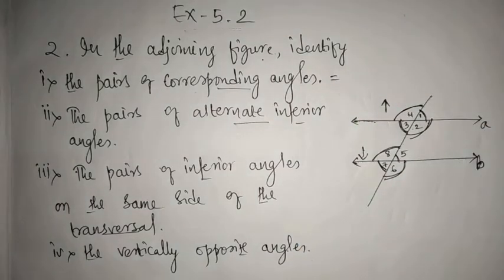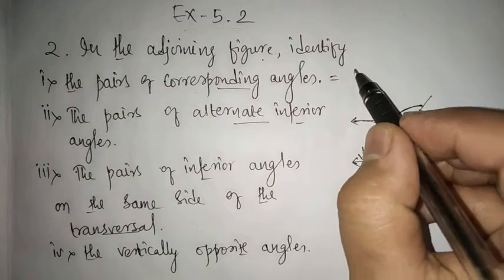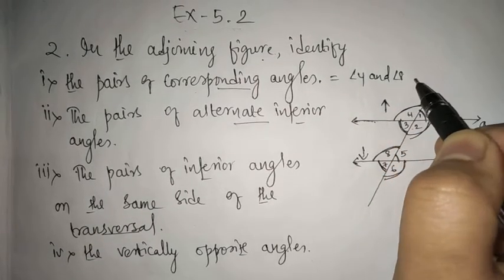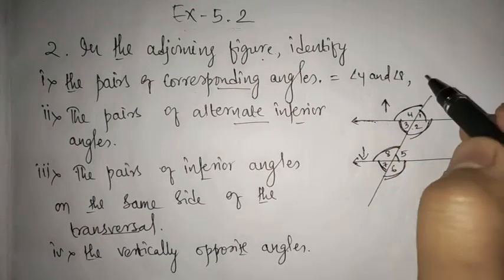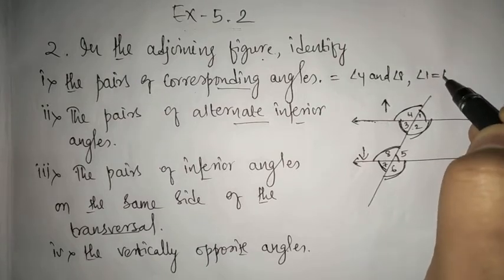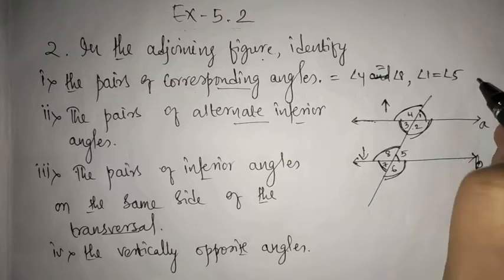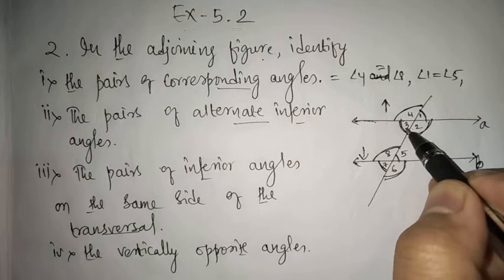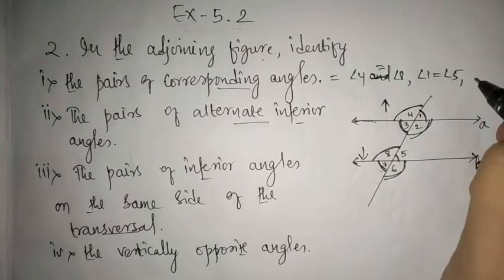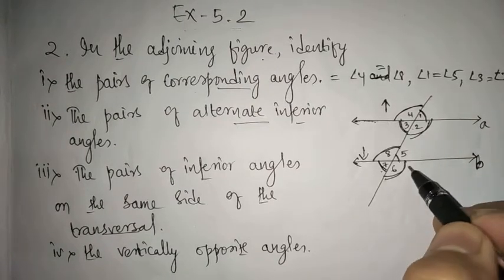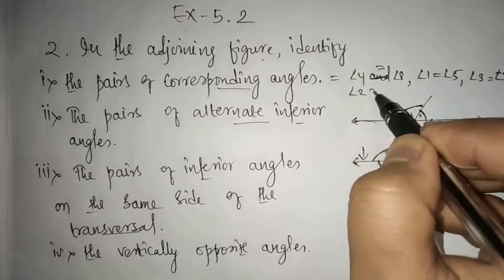So I am going to write here, the pairs of corresponding angles are angle 4 and angle 8, angle 1 is equal to angle 5. Why? Because they are corresponding. Instead of 'and' you can write the equals sign here. Similarly, angle 3 is equal to angle 7, and angle 2 is equal to angle 6.